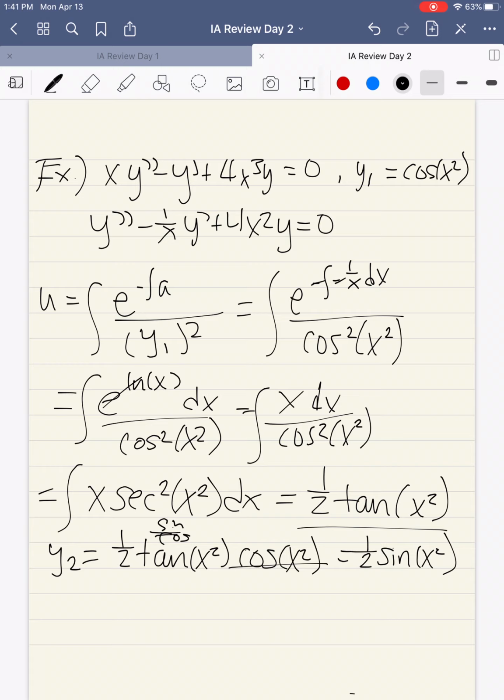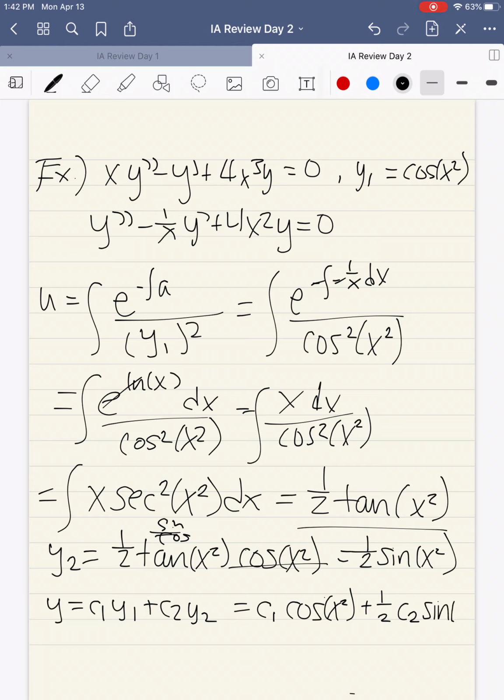And so our format for our general solution is going to be c1 y1 plus c2 y2. So this is going to give us c1 cosine of x squared plus 1/2 c2 sine of x squared. And then that is our solution. So this was our order of reduction example here.